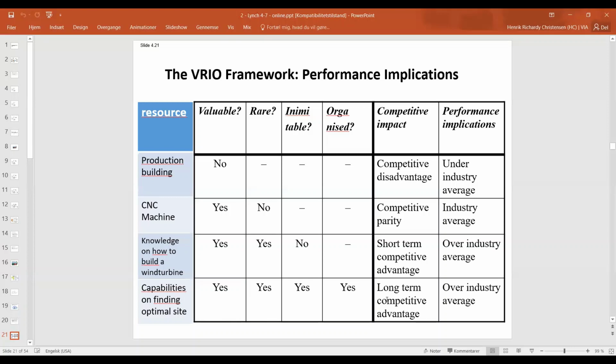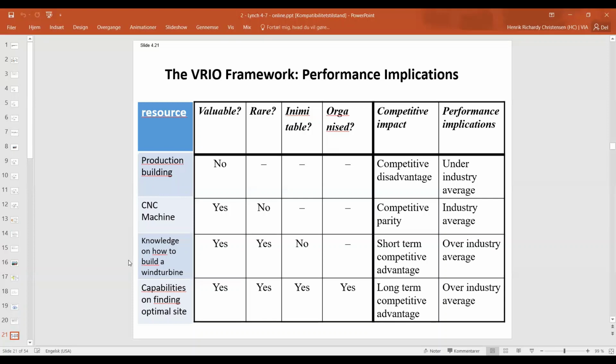Now, try to look at this one, organized. Organized means, how do we as a company organize our resources? And who is organizing? People are organizing. Well, if people are not good at organizing the work, then you can have over here lots of good resources.